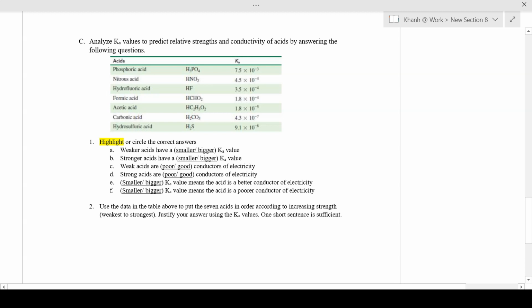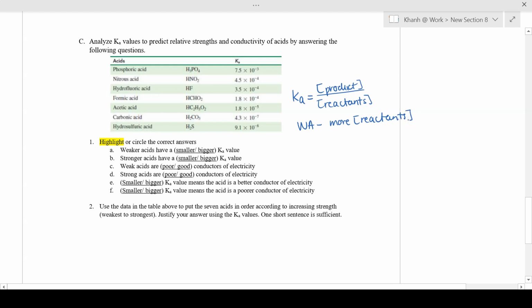So let's tackle 1A. Weaker acids have a small or bigger Ka value? Now as a reminder, Ka, like all K, has the product on the top and the reactant on the bottom. As we know, because weak acids don't like to dissociate, they only dissociate partially, what you have for a weak acid is more reactant than product.